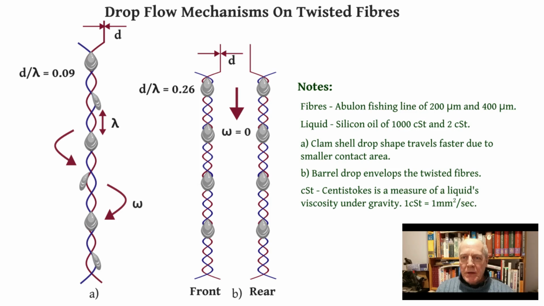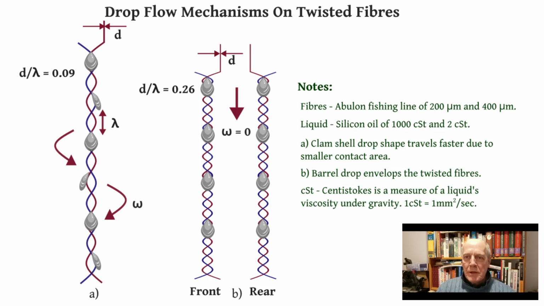Before considering the main research topic of this video, it's necessary to very briefly consider some earlier work. Earlier work on looking at how water flowed down a single fibre under gravity showed that the preferential drop formation for water down a fibre was something called a clamshell shape.